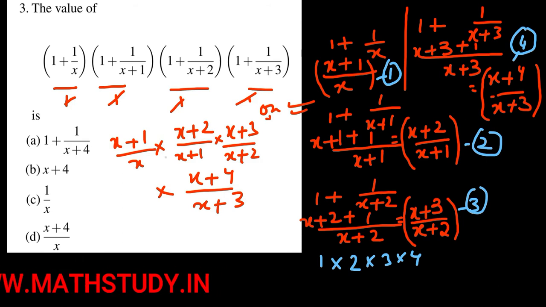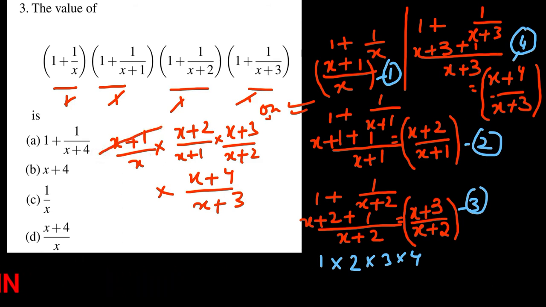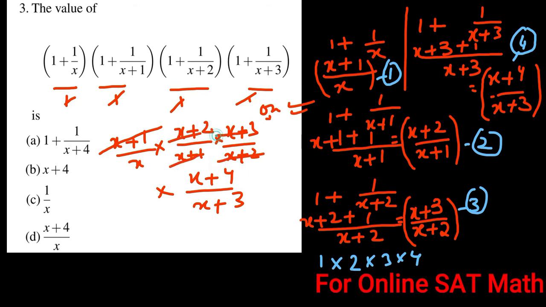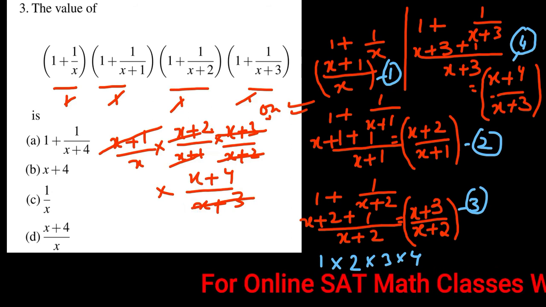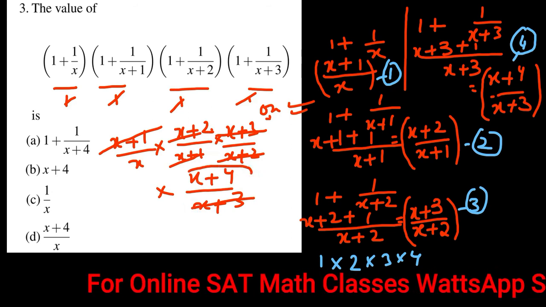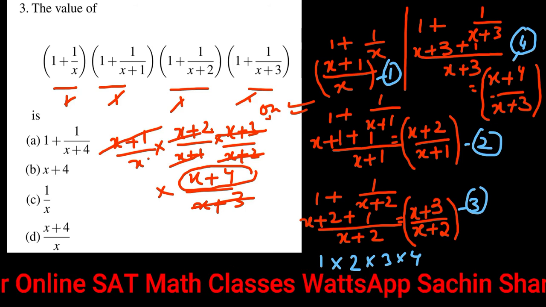So here we can see that we are getting a pattern here, right? Like this x + 1 got cancelled with this one, and x + 2 got cancelled with this one, and x + 3 got cancelled with this one, and we are left with this term x + 4 and this first term, which is x.